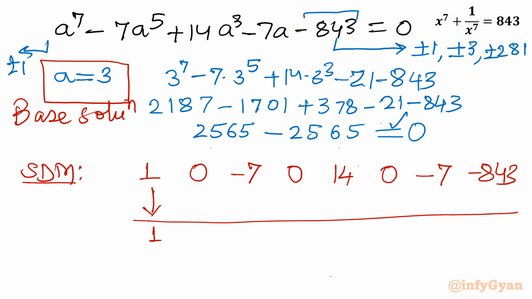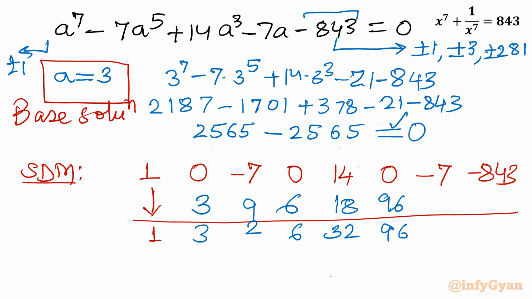Now we will multiply with the base solution a equal to 3. So 3 times 1, 3; 3 times 3, 9; 2; 3 times 2, 6; 6; 3 times 6, 18; 32; 3 times 32, 96; 96; 3 times 96, 288; 281. Now 3 times 281 is 843.